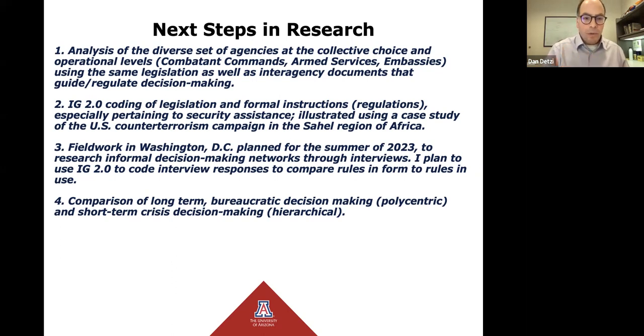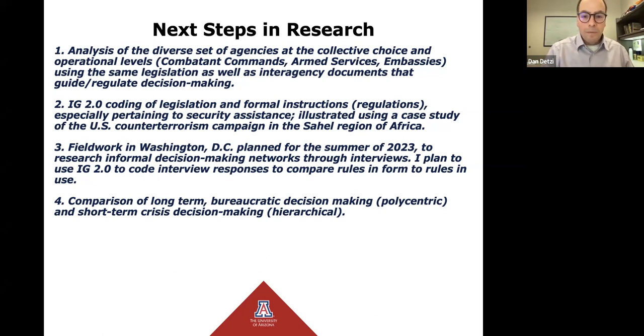At least in my experience in the interagency, we have informal working groups that take players from different agencies to solve a specific problem. That's exactly what the definition of polycentricity implies: that it allows for ad hoc networks or ad hoc action situations to pop up. So this is what I hope to find from my interviews. I could talk about that in Q&A if you'd like.